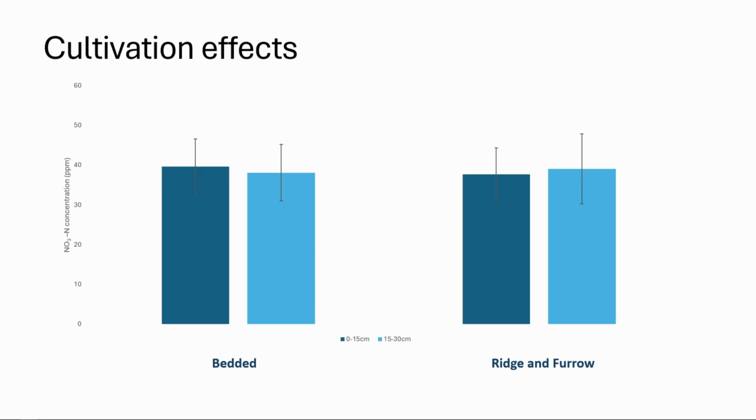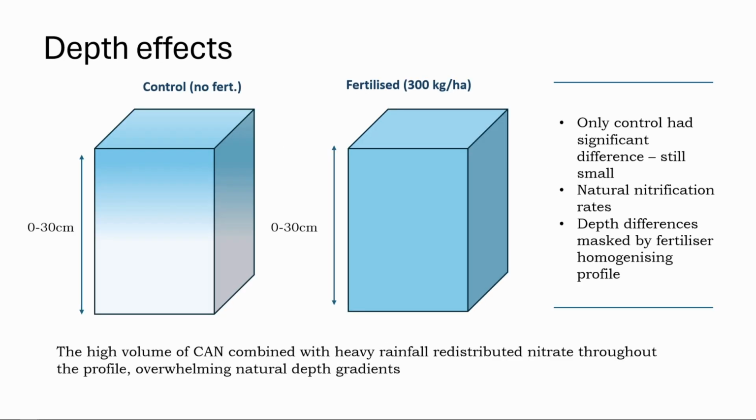In terms of cultivation effect, the graph is pretty clear. There wasn't any significant difference between the bedded and the reservoir systems. So this is good. You don't really need to factor cultivation type into fertilizing. There was little or no difference in nitrogen for both the fertilized plots, the bedded and the reservoir, and the profile was pretty much the same.